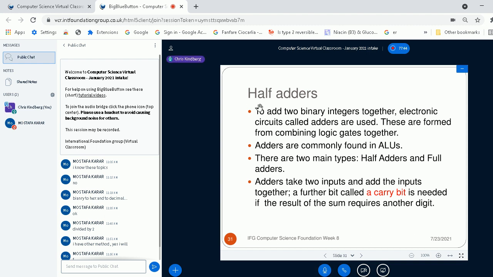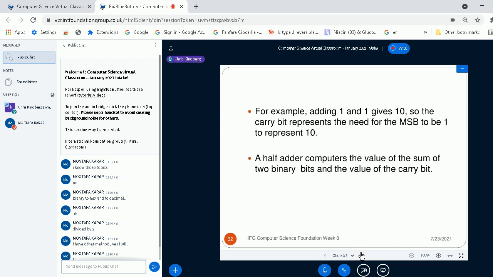A carry bit is needed if the result of the sum requires another digit to correctly represent it. So adding a 1 and a 1 gives 1, 0. The carry bit represents the need for the most significant bit to be 1 to represent a 1, 0.